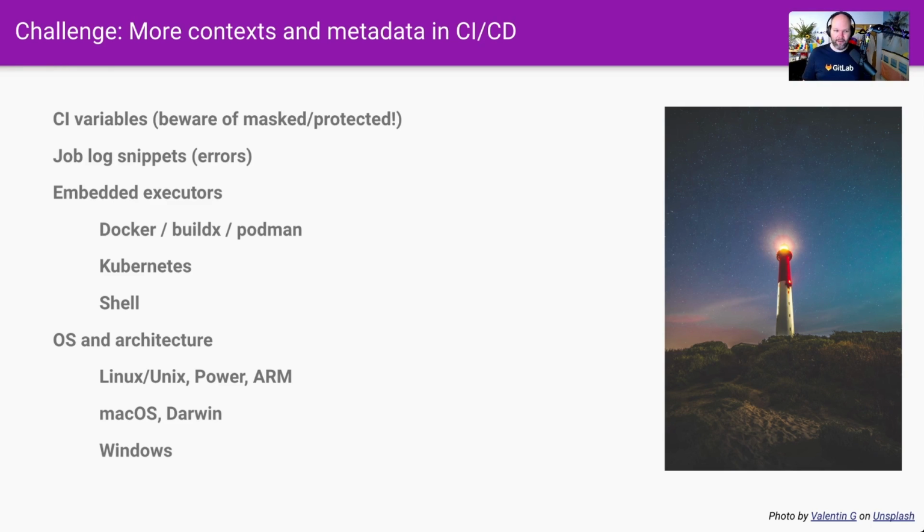The different executors for Docker, Buildah, Podman, Kubernetes and Shell, and the operating system and architecture, so Linux, Unix, Power, ARM, macOS, Darwin, and Windows platforms are different, and the problem with the CI/CD pipeline being blocked could be in specific areas of the operating system, for example.